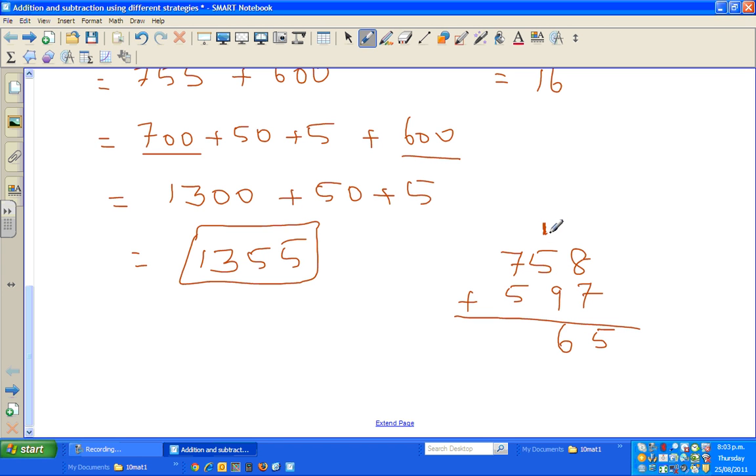This is how you generally do it. 1 plus 5 is 6, and 6 plus 9 is 15. No, I made a mistake, sorry. So basically what's happening here is, this is 10 plus 50 is 60, and 60 plus 90 is 150.